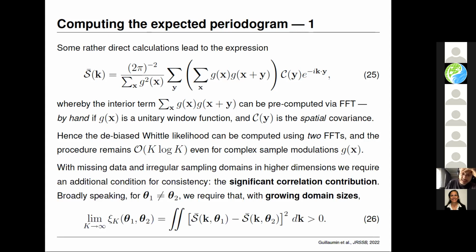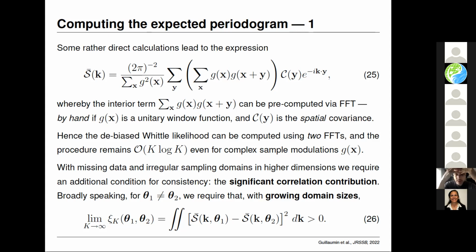Then of course, there are conditions on whether this all works, and I want to send you away with a couple more things. One of them is the idea of when any of what I've been saying is going to work well. We formulate this in the form of something that we call the significant correlation contribution.